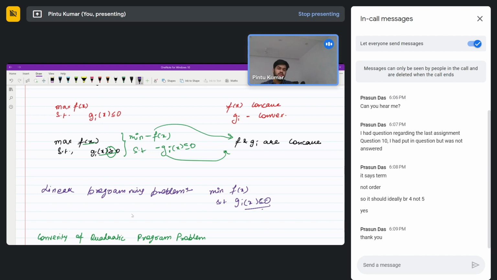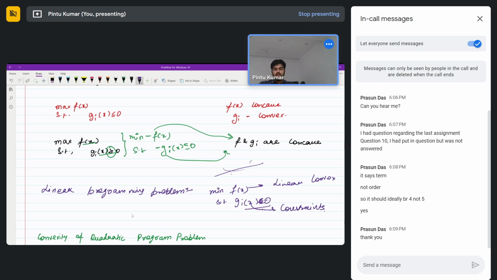So you have all such constraints. Your f of x is linear, and linear functions are always convex as well as concave, because they are linear. They satisfy this property and the concavity also. The same holds for your constraints also. So any linear programming problem that you have is a convex optimization problem.